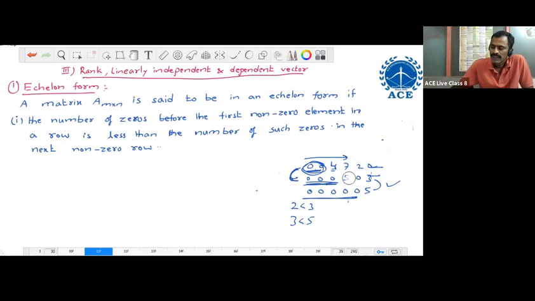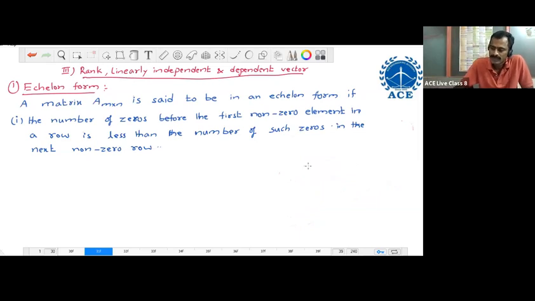Suppose the rows are like this. Once again, I wrote it here: 0, 2, 0, 4, 0, 7, 2, 3, 0, 0, 5, 8, 0, 2, 5. Let us suppose these two are rows only.